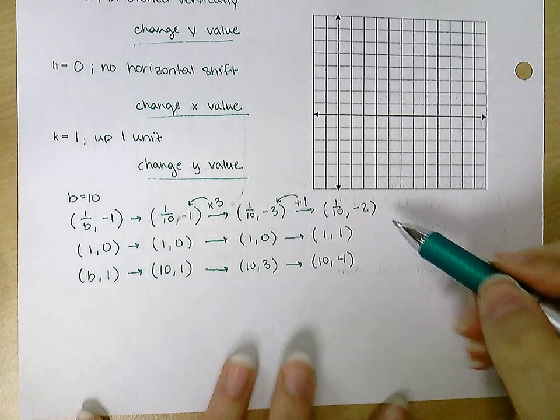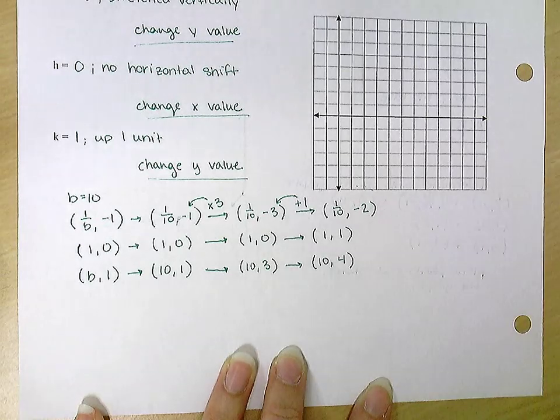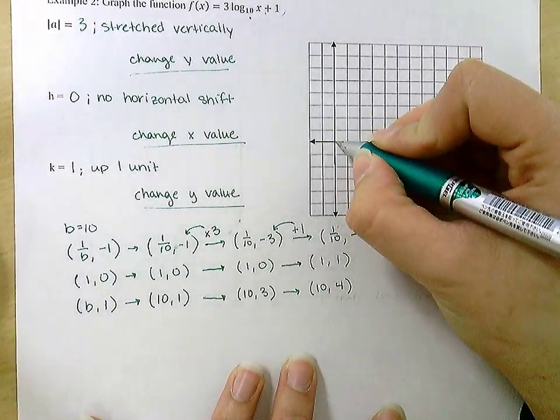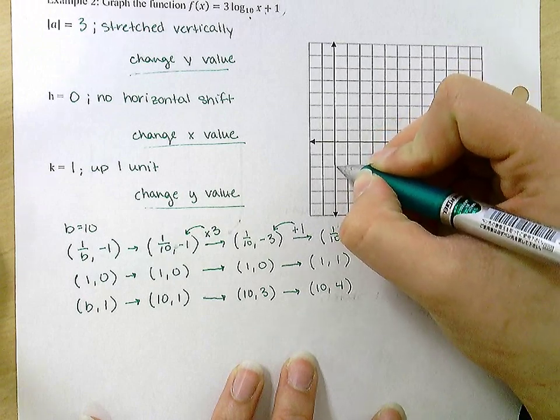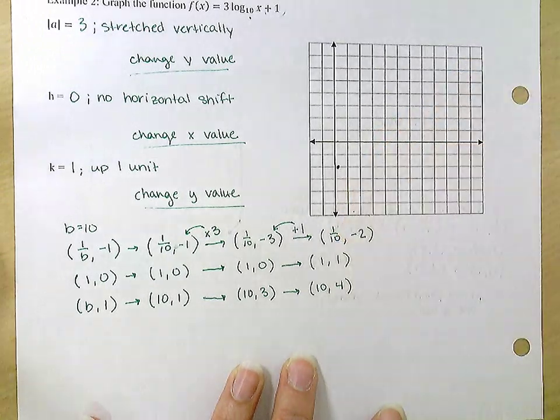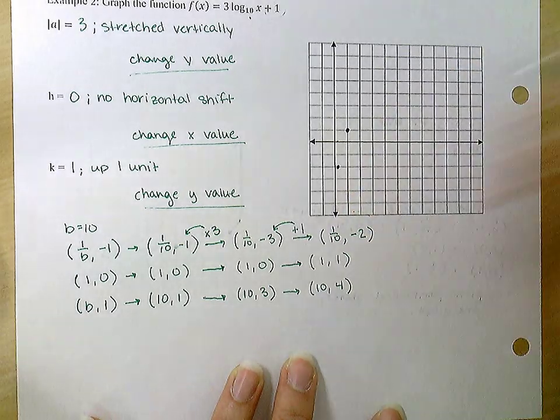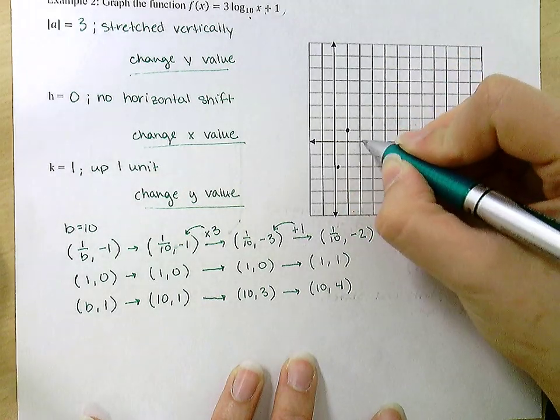So now that I have my 3 coordinate points here, I can plot those. I have 1/10, -2. I have 1, 1. And I have 10, 4.